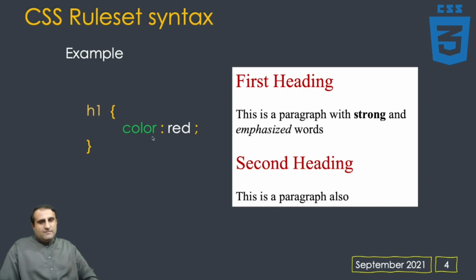So the red will be applied to the font face of every level 1 heading in the page. For example, we see here a first heading and second heading, so two headings here. Each heading has the color red because we have the selector as h1. So it will select h1 elements and then apply the property value of color as red.